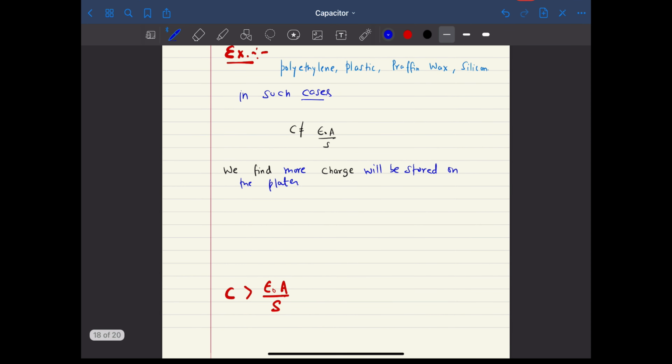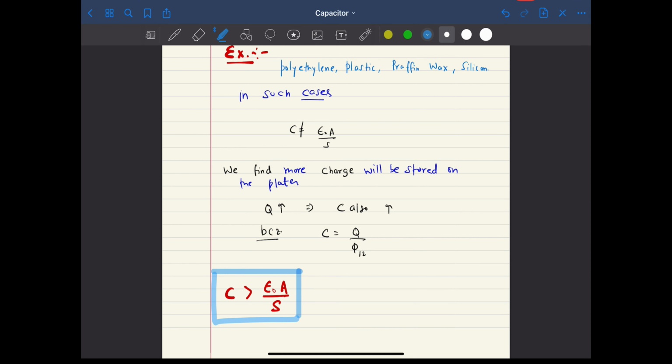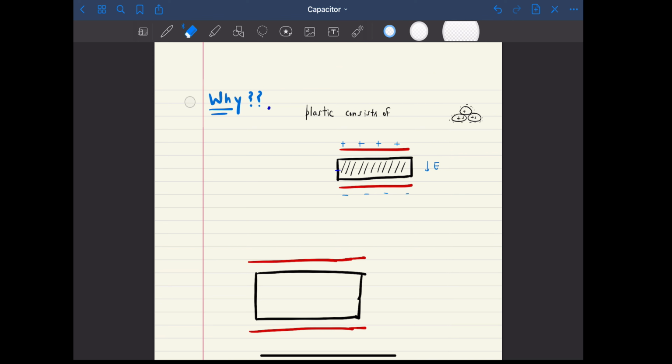That is, since Q increases, it implies C also increases because C is given by Q upon phi 12. So in such cases capacitance is greater than epsilon naught A upon the distance between the plates of the capacitor. So now we are going to understand why this is happening.